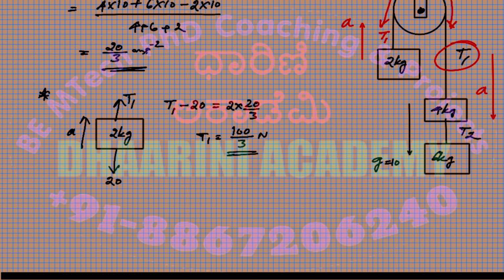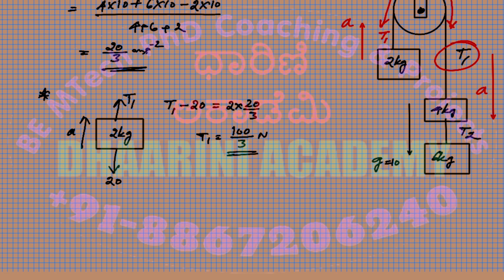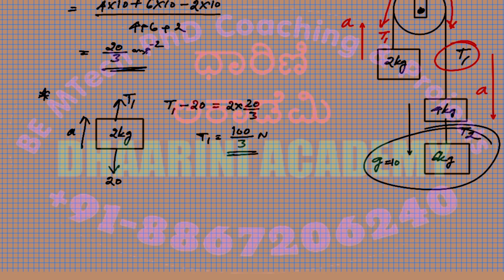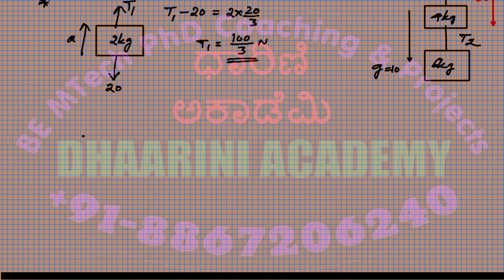That's the tension. Similarly, in order to find the tension T2, we can apply the free body diagram to this. So let's write the free body diagram of that body. That is 6 kg. There is tension T2, weight 6 into 10, that is 60, acceleration like this.